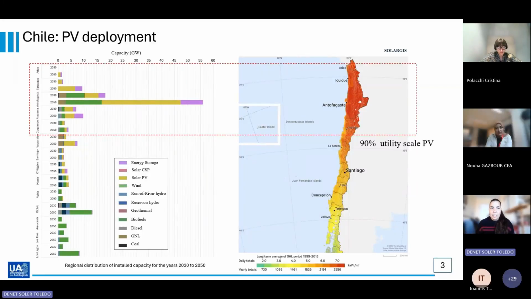In the north of Chile almost all the capacity of the country is installed. We are talking about most of the 90% of the utility scale segment, mainly because of the great conditions of the Atacama Desert, the very high radiation and the clear skies.